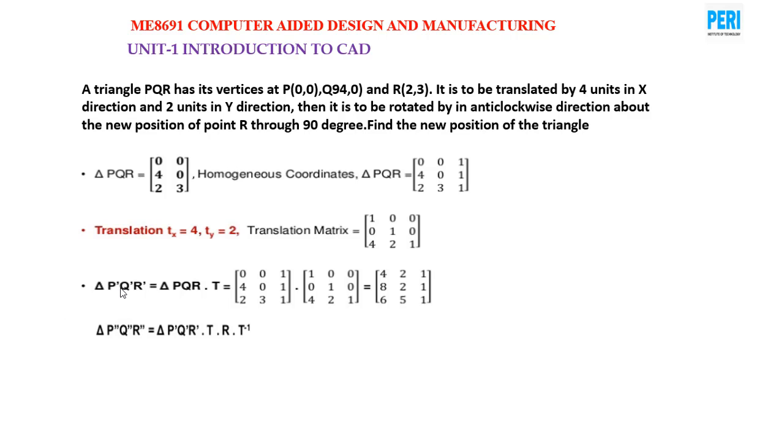So the results will be the triangle P dash Q dash R dash, using these results, and the translation T, rotation R and T inverse.